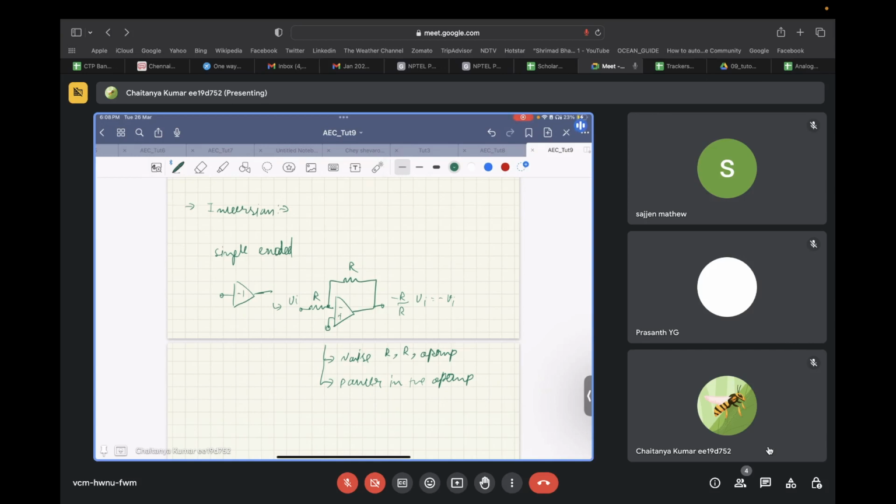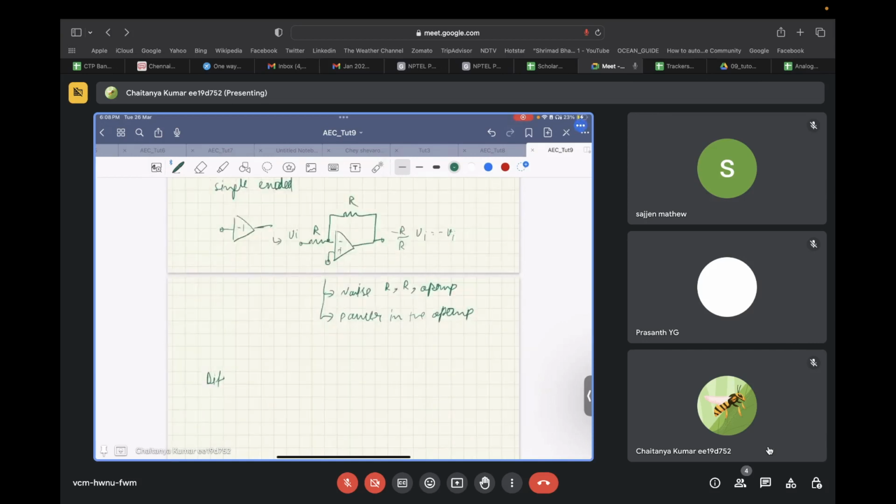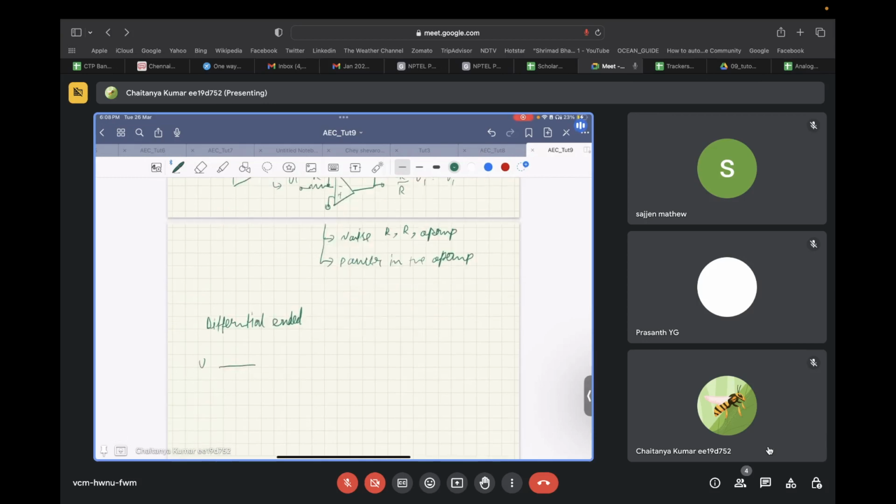However, in the differential-ended scenario, for example, we have VCM plus Vd by 2 and VCM minus Vd by 2. If we take the difference between the two, the difference is Vd, and we just cross these lines, and now the difference that we take is minus Vd.